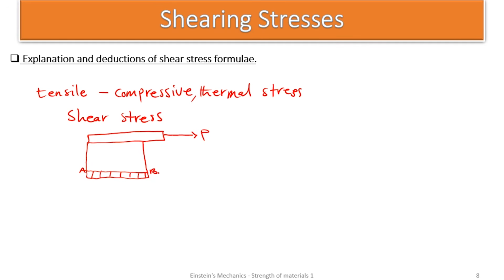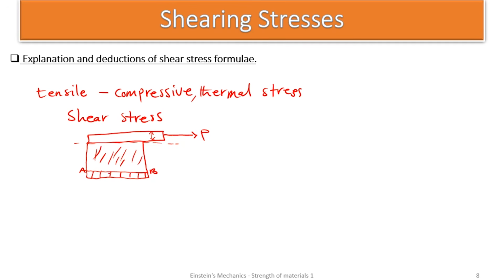So this member is A to B, and I am applying a force P. This force will tend to slide the surface of the bar. This is a segment of the bar. If I am to cut the bar through this line, the force is going to cause a shear to this member, and it will slide on the surface, leaving this stationary.